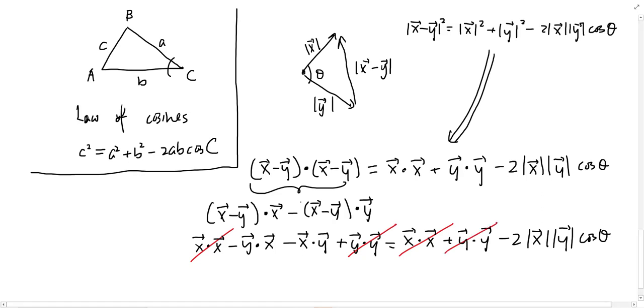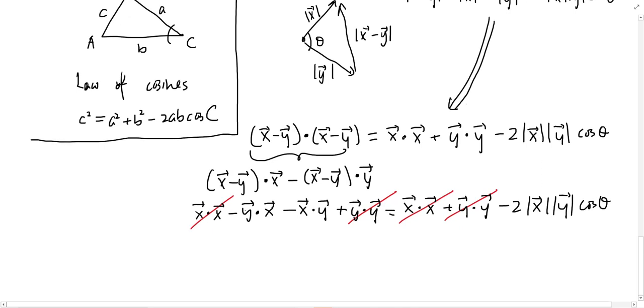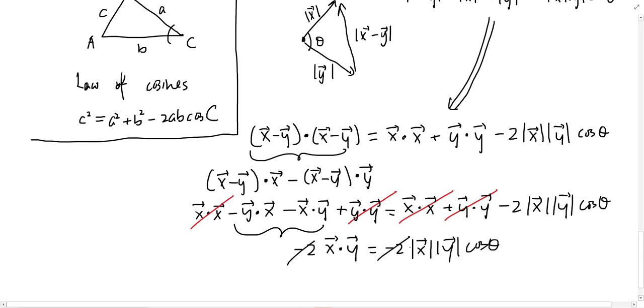And because of the commutative property, negative y dot x is the same thing as negative x dot y. So when I combine these two together, they combine to negative 2 x dot y, equal to negative 2 length of x, length of y, cosine theta. And voila, the negative 2 just cancels out.